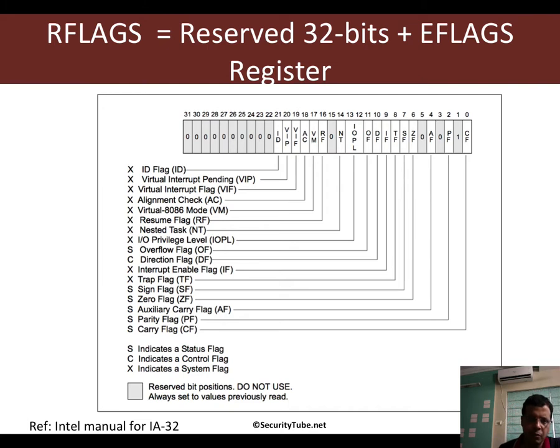The 64-bit version of the flags register, called RFLAGS, really has 32 bits entirely reserved, right? And just the EFLAGS register after that. So pretty much RFLAGS is EFLAGS padded with a reserved 32 bits in the front. There is no other difference.